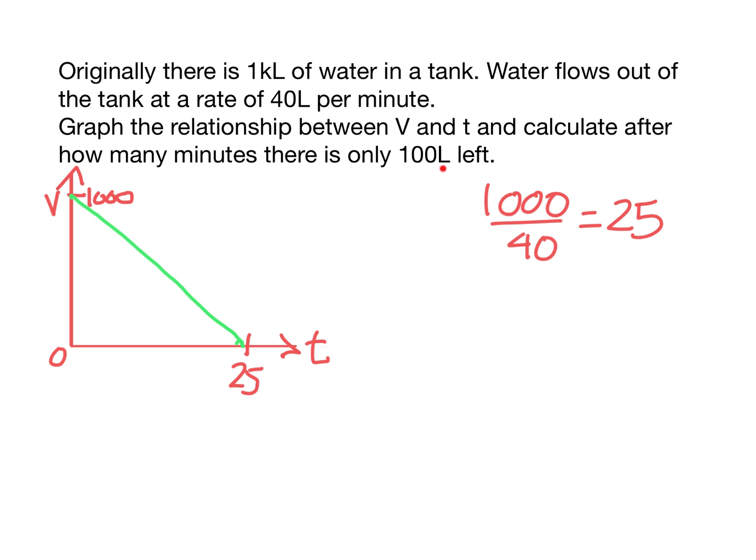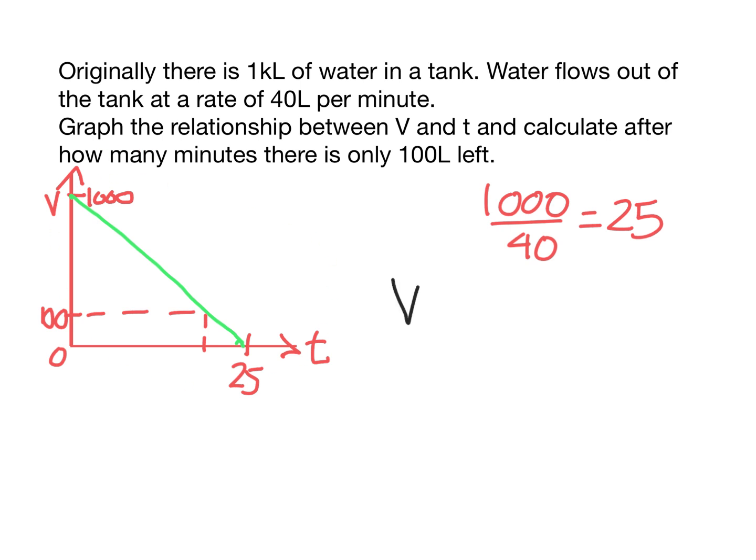So after how many minutes is there only 100 liters left? What we're really asking is, when we have 100 as our volume, what is the corresponding value for time? That's not easy to find when we've drawn the graph ourselves, but we can easily find the equation that models this.